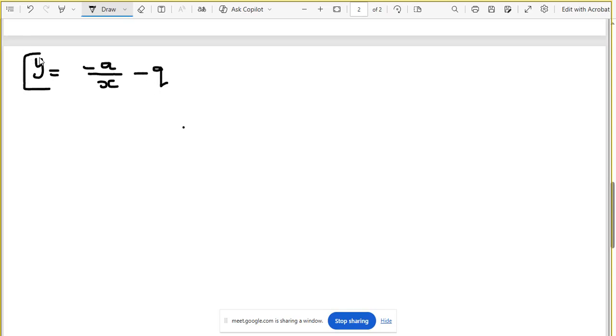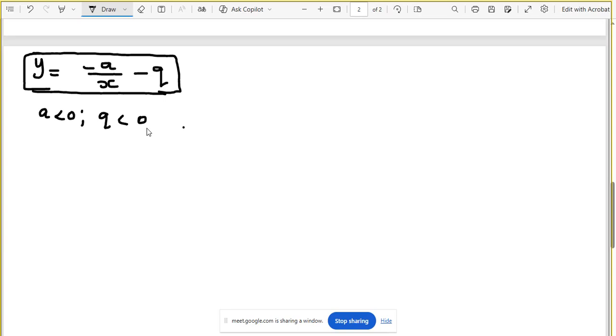So from this graph here, the difference this time is that the value of a is negative. So a is less than 0 and also q is less than 0.